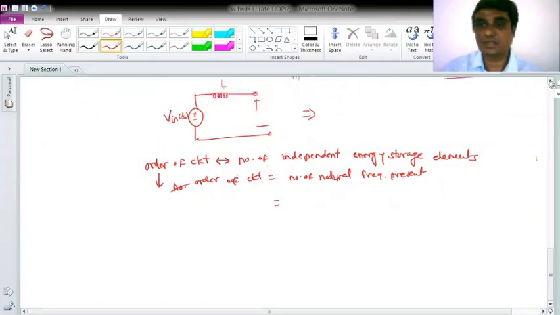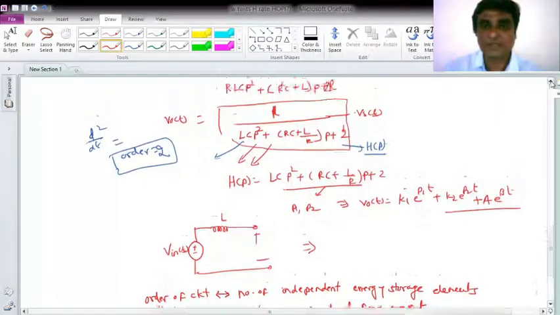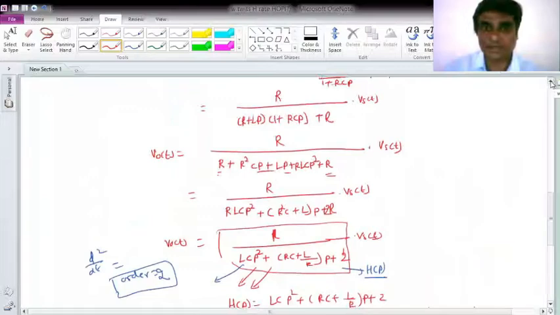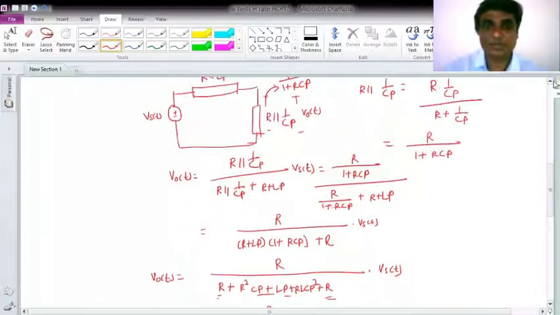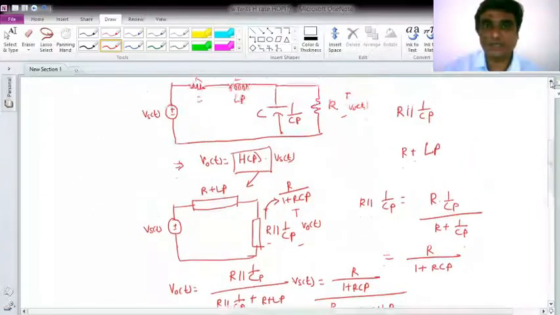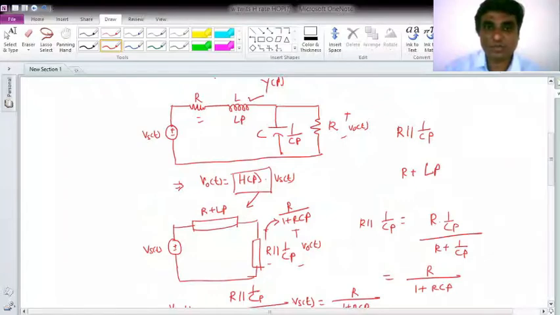So in the last network which we have taken, we have two energy storage elements, L and C, and they are independent. If I take the initial conditions of L and C, the current through the inductor and the voltage across the capacitor are totally independent of each other. So I have the degrees of freedom.